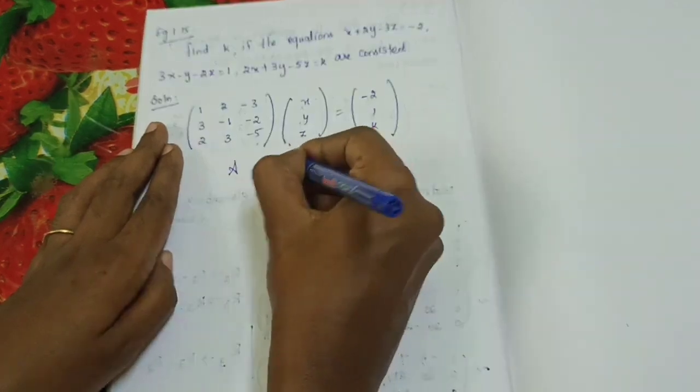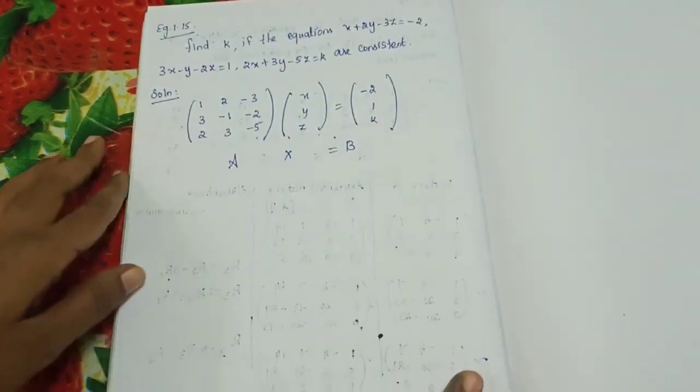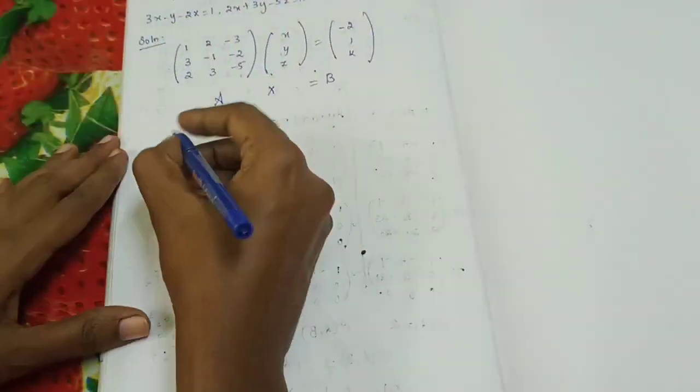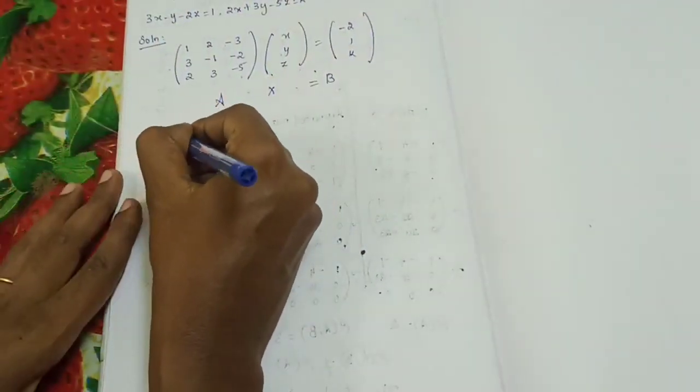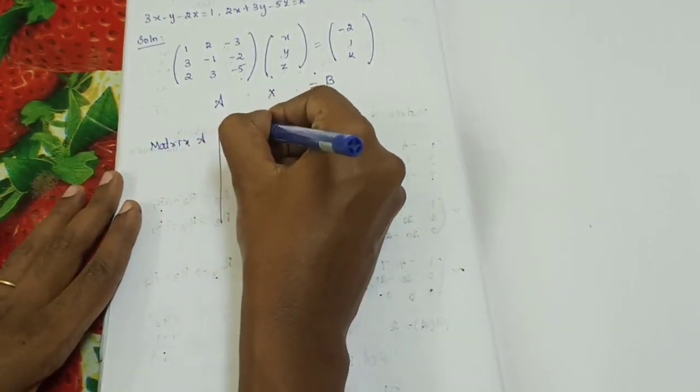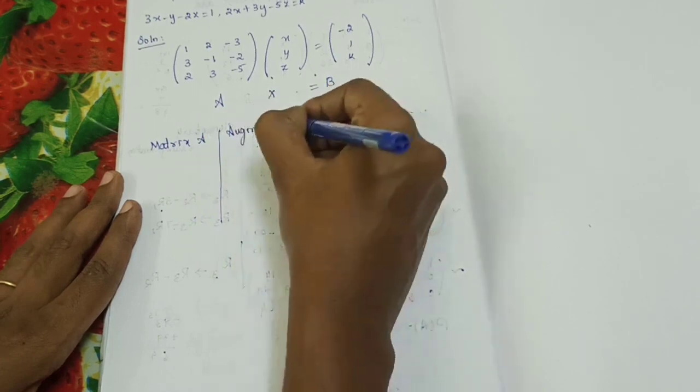Now it is in the form AX equal to B. Okay, so other everything same. Now matrix A, next one is the augmented matrix.